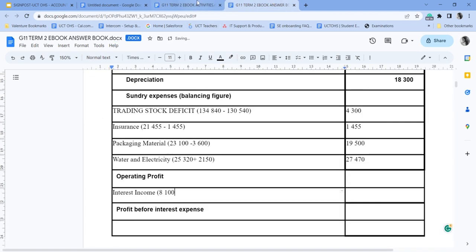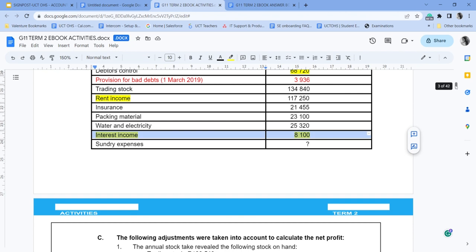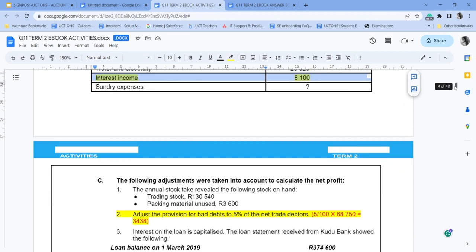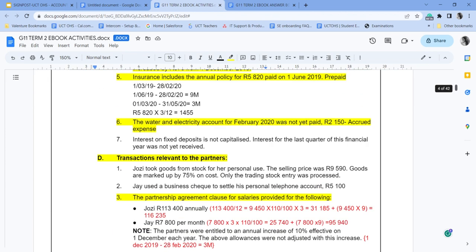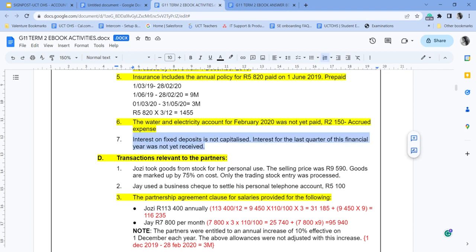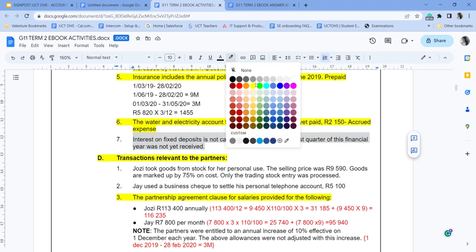Okay, let's continue. Is there additional information? Now you know the drill. It's always asking yourself the question: is there additional information? Okay, so I'm at number 7, and there is additional information for interest income. Let's read it.